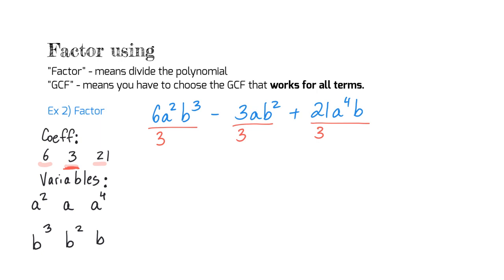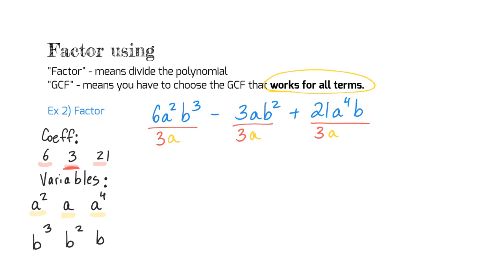What is the most a's I can pull out from all three of my terms? Well, the last one has 4 a's, the first one has 2 a's, but the middle one only has 1. So that means the maximum I can pull out from the a's is just a single a from all three terms. Remember, your GCF has to work for all of them.